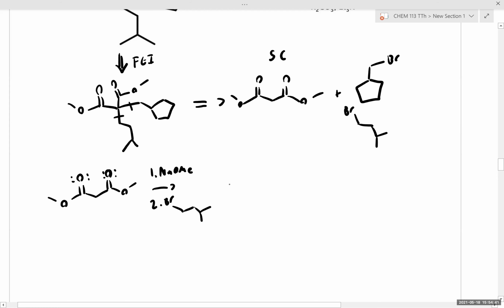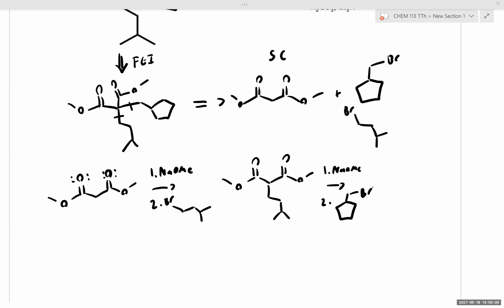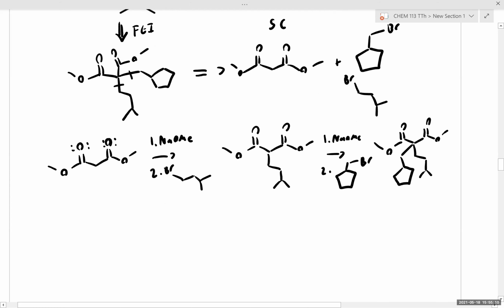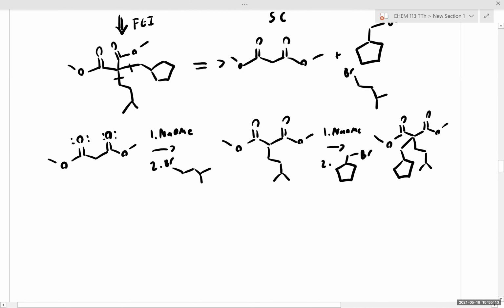And that would give our desired alkylated product. From here, treatment with another equivalent of methoxide and a second equivalent of alkyl halide gives our fully alkylated malonic ester product. And then we can treat with H3O plus and heat, and that gives us our desired product.